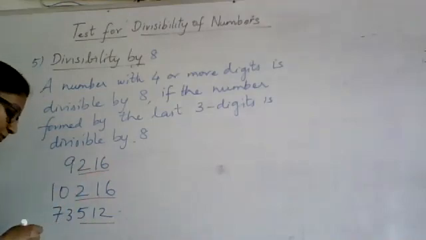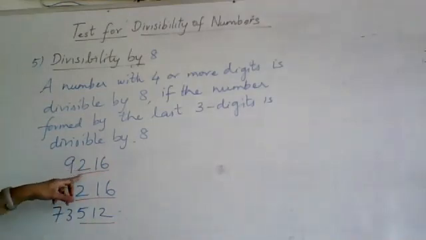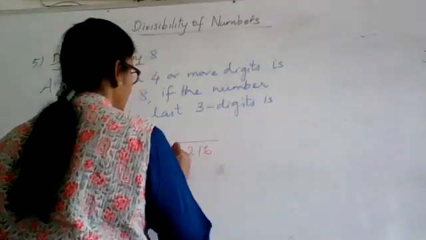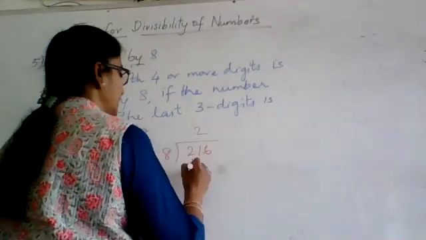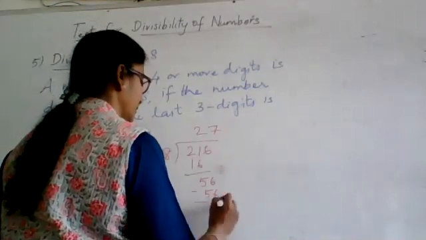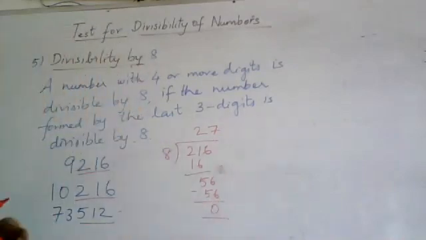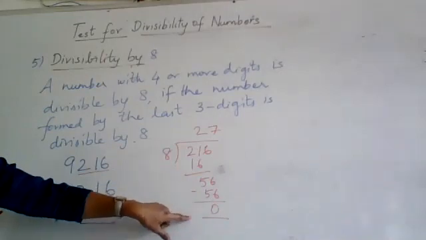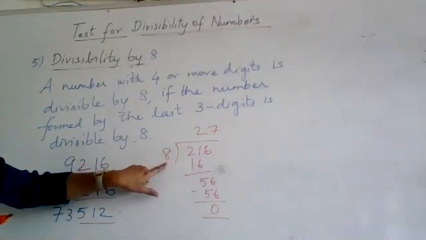Here it is 512. So I have to go and find out whether 216 is divisible by 8. For which I have to divide 216 with 8. So 8 2s are 16. I get a 5. 8 7s are 56. So I get a remainder 0. So 216 when I divide with 8, I get a remainder 0. That means what? 216 is divisible by 8.